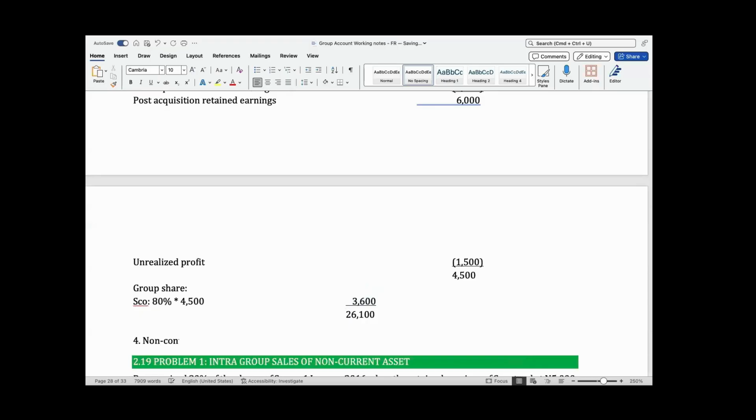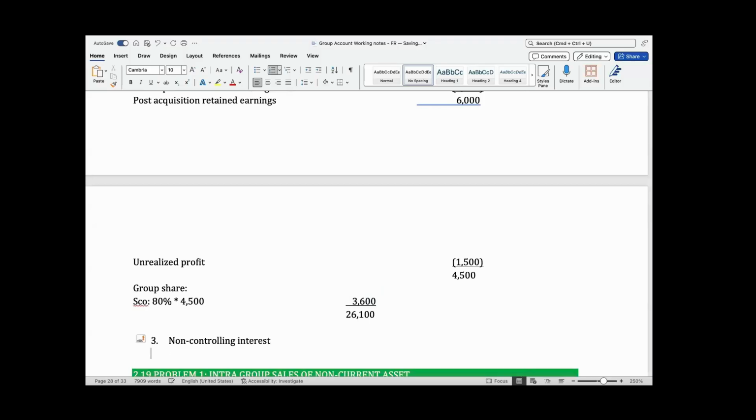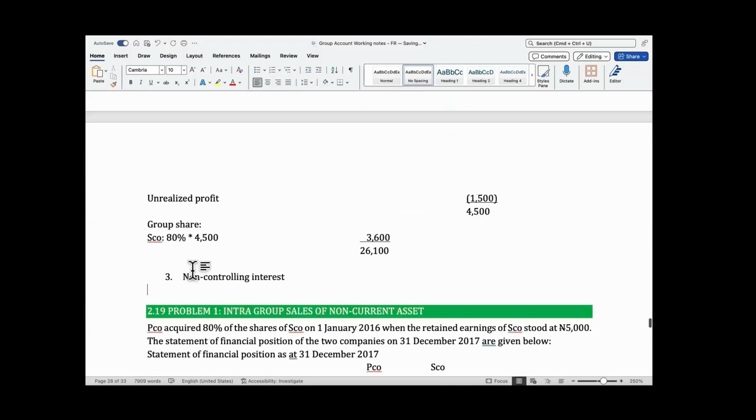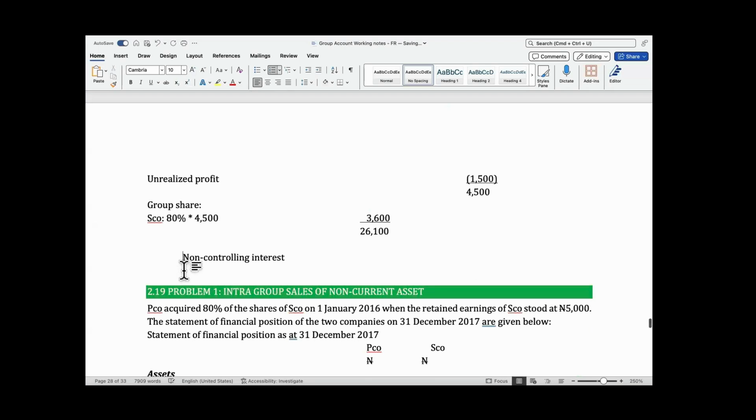Okay. Then non-controlling interests. So what's the value of NCI? 9,000.